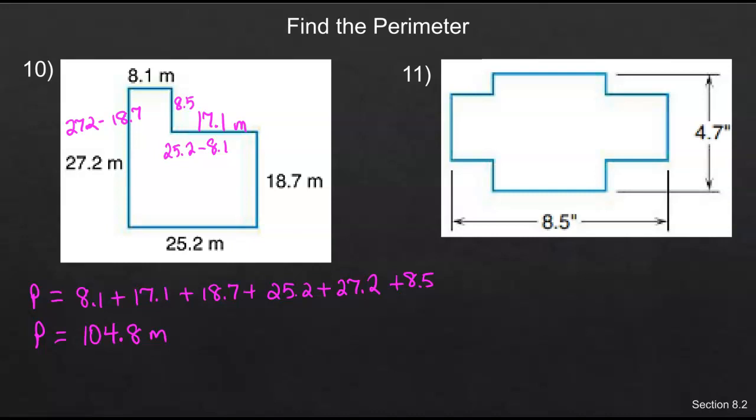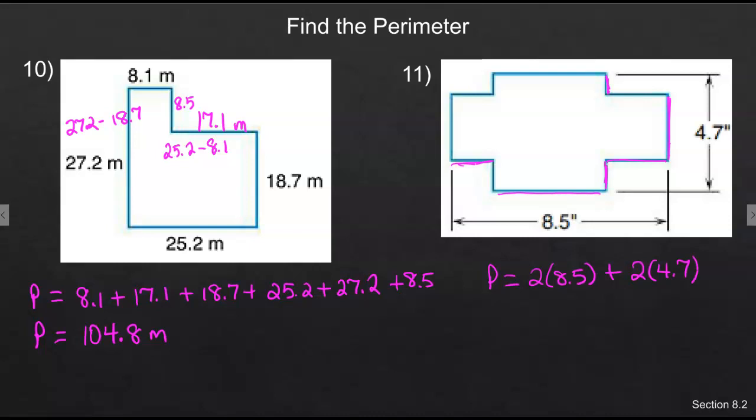Now here's something cool about this next one. 8.5 goes all the way across. So my perimeter is going to be 2 of those, right? Because this plus that is 8.5. And then I have 2 times 4.7 because these sides add up to the 4.7.